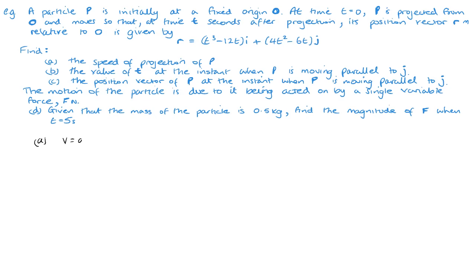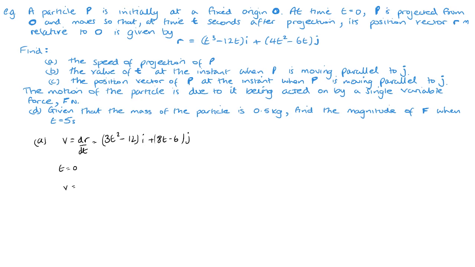We need to find the velocity, that's dr by dt. That's going to be (3t squared minus 12)i plus (8t minus 6)j. Now we want the speed of projection, so that is when t equals 0.